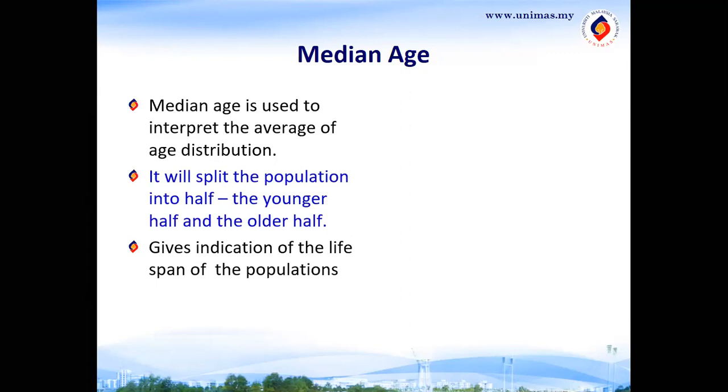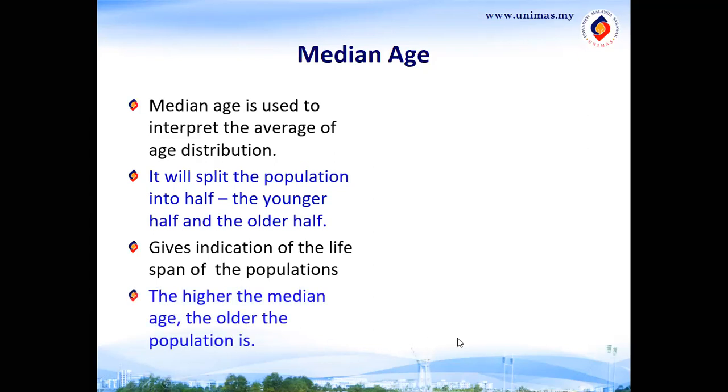Nanti saya akan terangkan ya, how it gives that indication. Okay. In other words, kalau median age itu tinggi, maka ianya menunjukkan that the population will be older population. So the higher the median age, the older the population is.